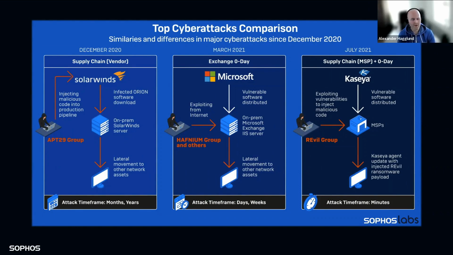Imagine that sophistication, being able to bypass the quality assurance, the testing, the development team, etc., and actually implementing that backdoor into the software. It's really amazing how much sophistication went into that attack.